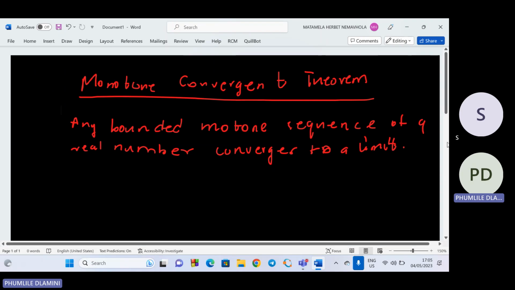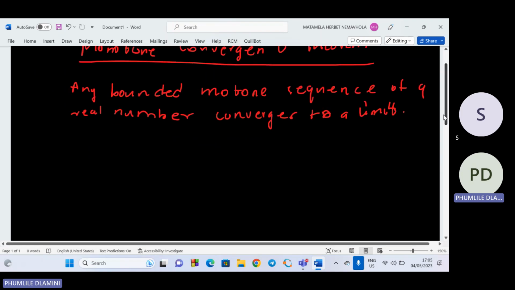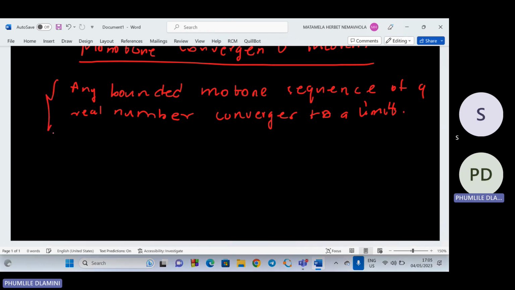So in other words, we can write this in another way. It's the same definition. This is the definition of the monotonic convergence theorem.